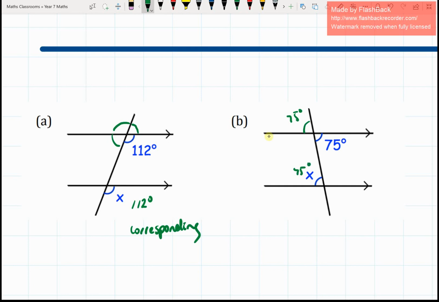Yes, it is corresponding to this one, but what is it to this one? It is alternate. Okay, so this is the alternate angle. It's worth the same amount, but it's found on the other side in a different location. This is bottom right, this is top right, but we can understand why it's the same value, hopefully.